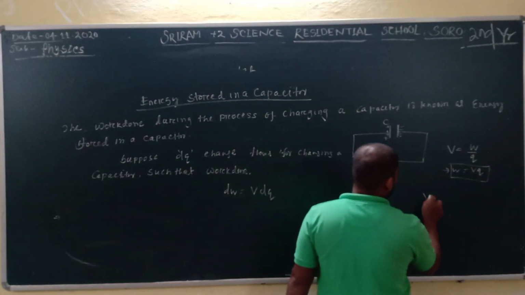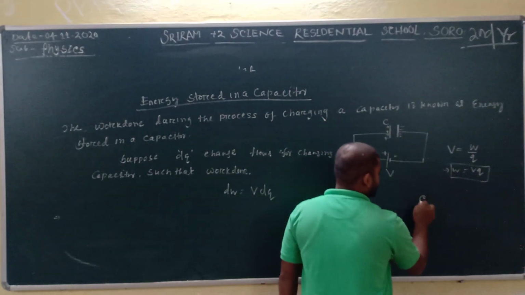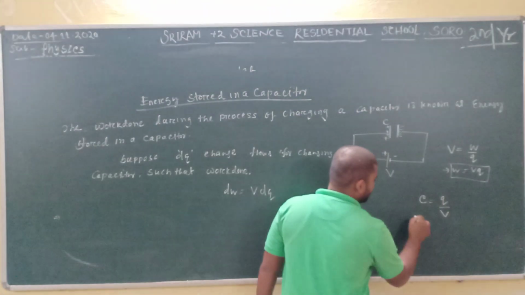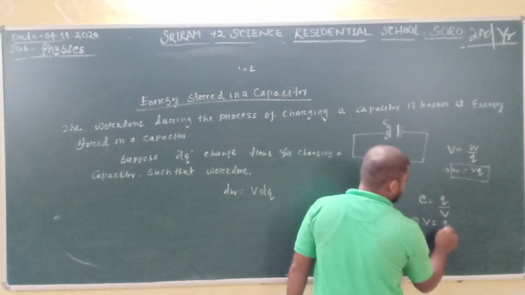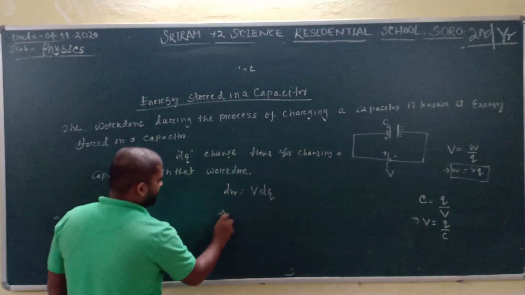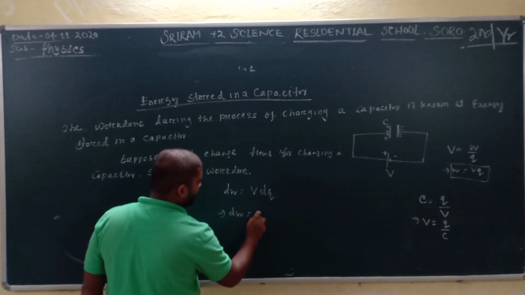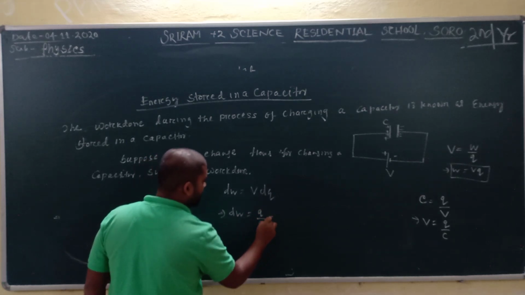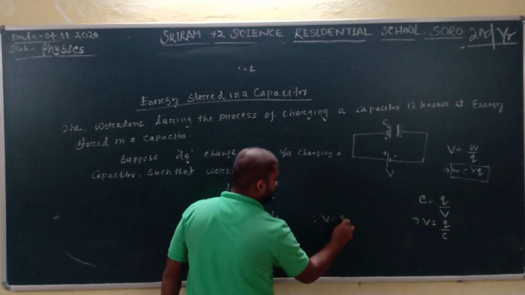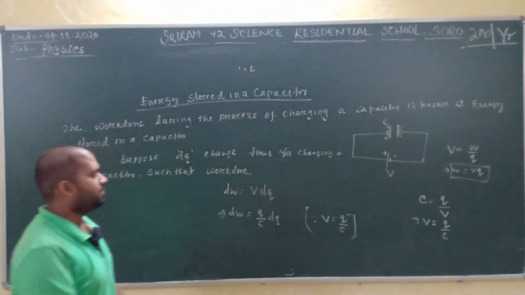If C is the capacitance, C equals Q upon V. So what is the value of V? That is Q divided by C. So dW equals Q by C times dq, where C is the capacitance of the plate.